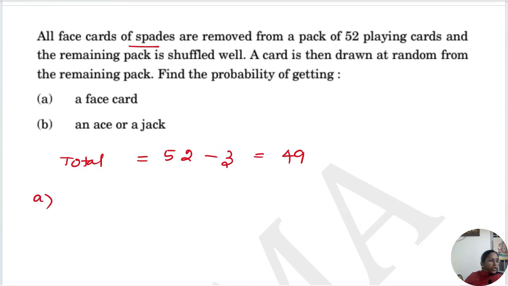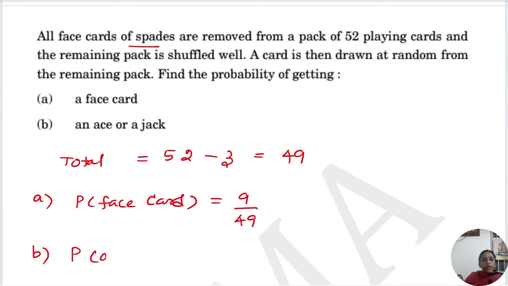For the first subdivision, probability of a face card. So out of 12 face cards, 3 face cards are removed. So now it is 9 over 49. There is no reduction possibility here. And for the second subdivision, probability of an ace or a jack.